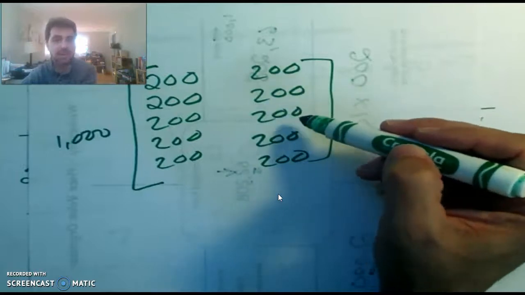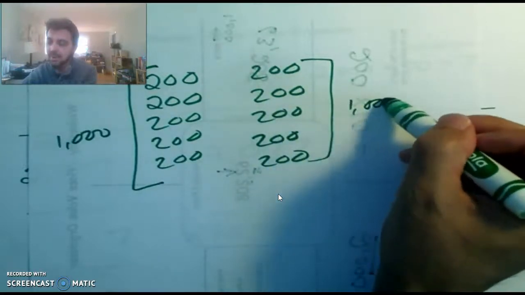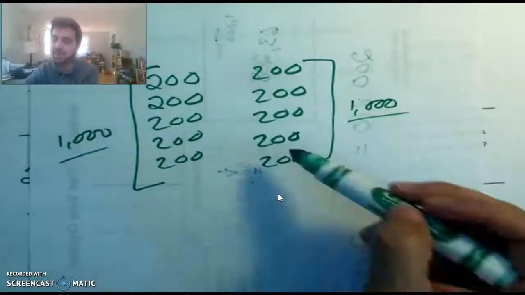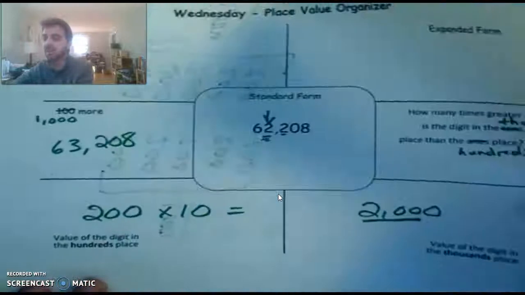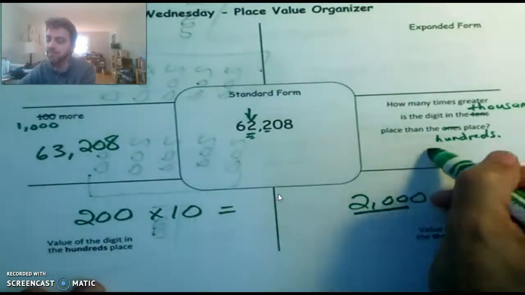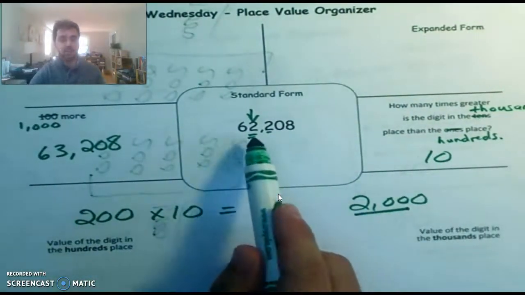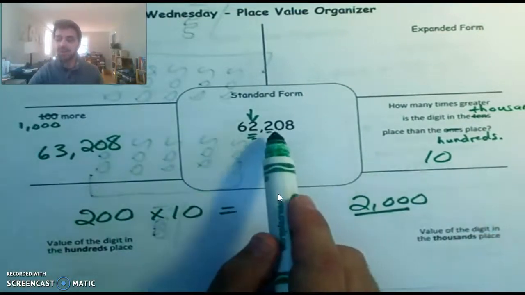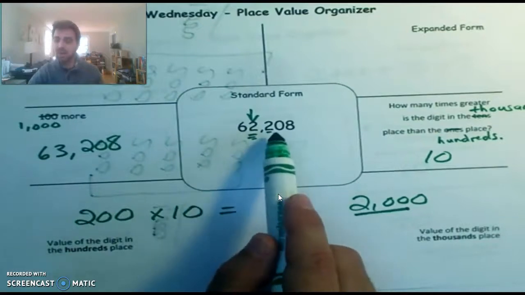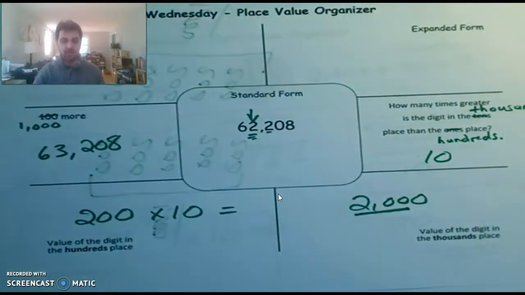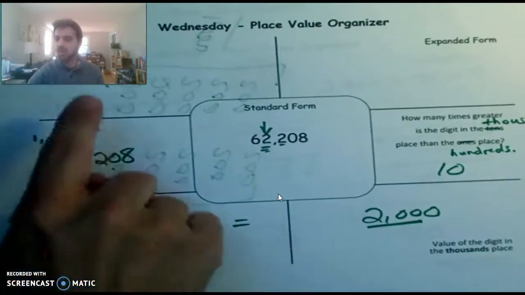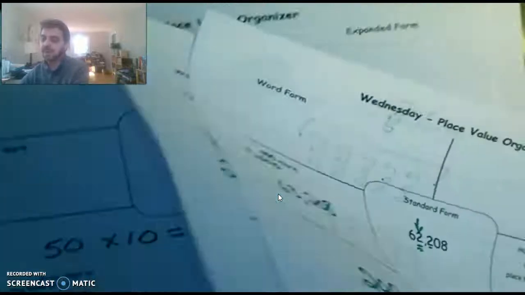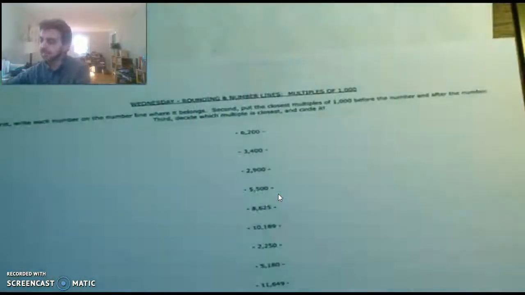So 200 ten times is 2,000. 1,000 here, 1,000 here. So in fact, that is true. Once again, the 2 in the thousands place is 10 times greater than the 2 in the hundreds place, which is right next to it. So finish up word form and expanded form, and let's go to our rounding for the day.